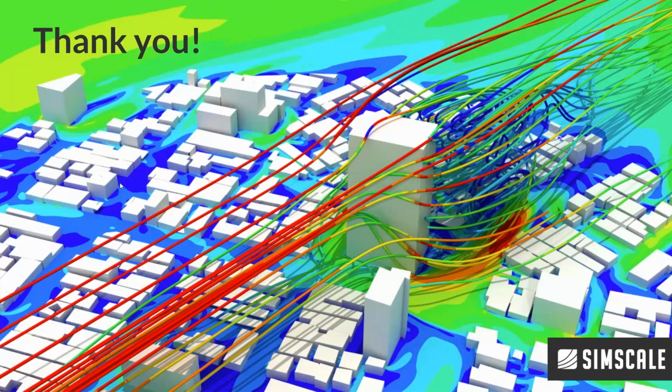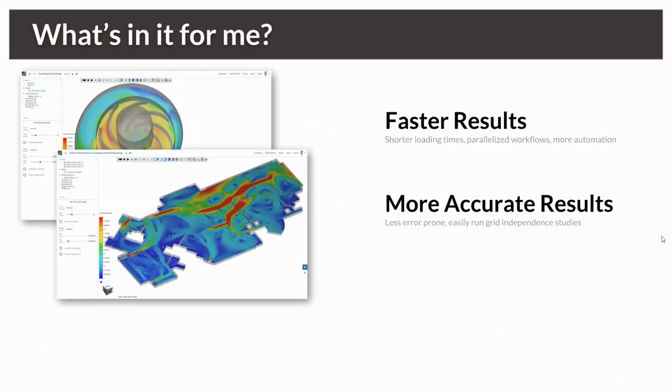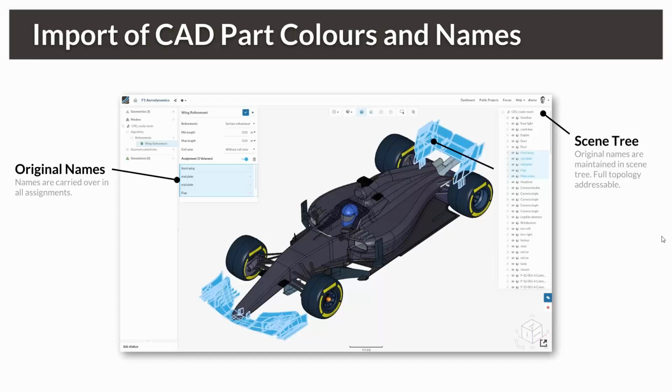There's one question coming in from the audience. Let me quickly go back to the slides here. The question is whether or not names can be changed or edited inside SimScale of the CAD model.